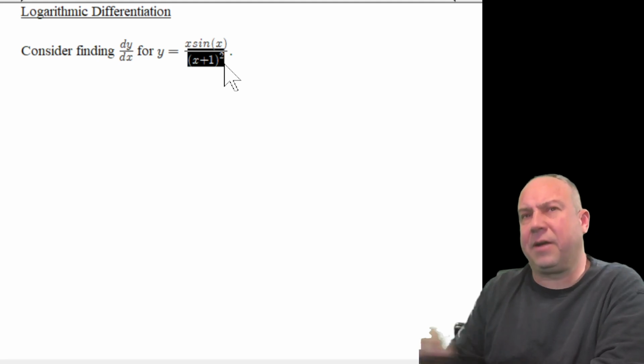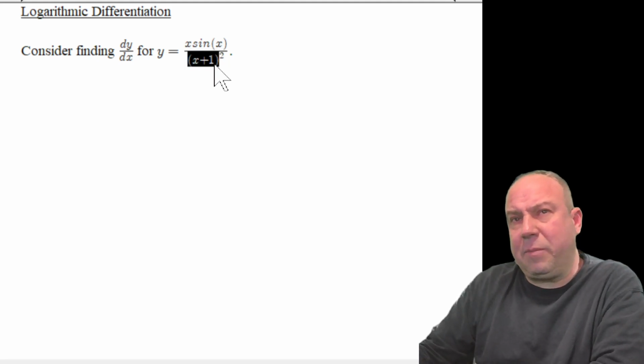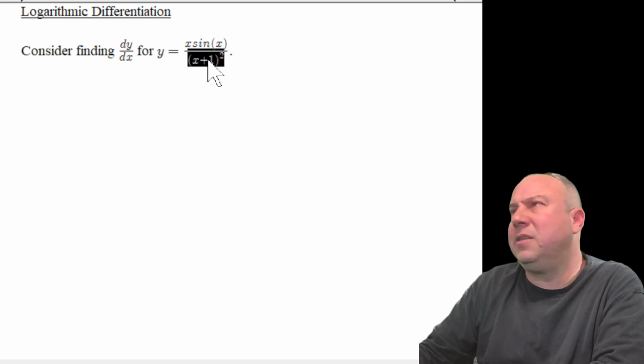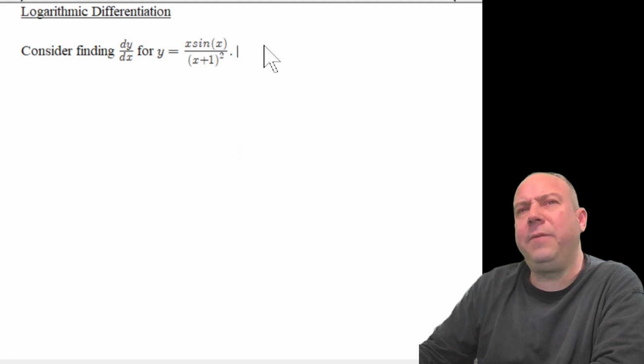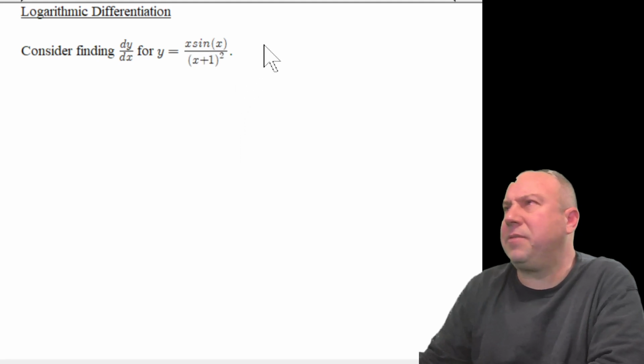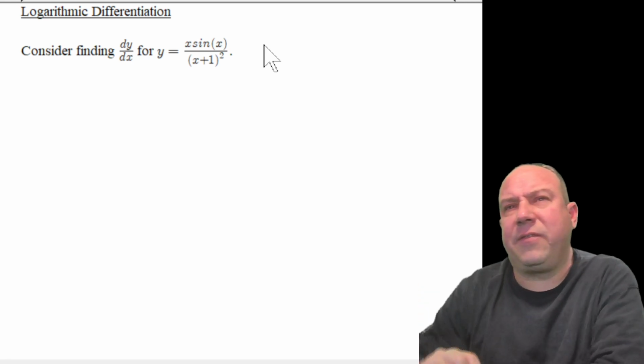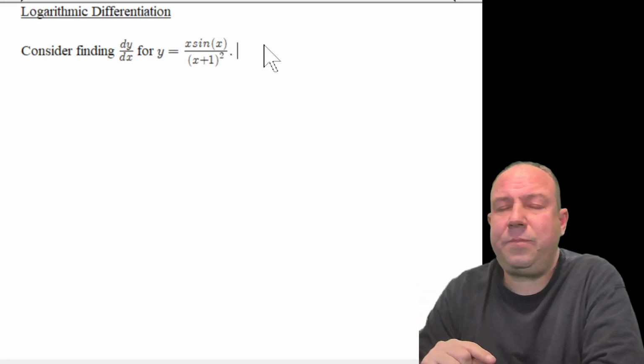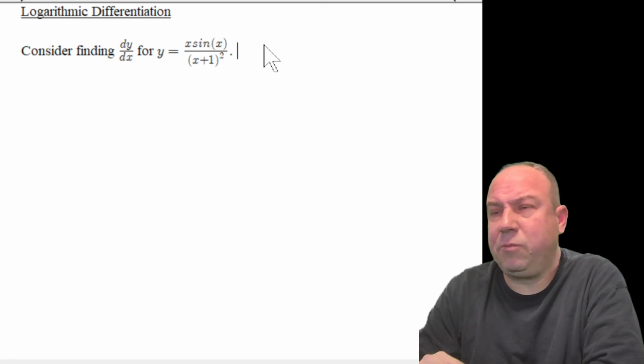And if we don't expand out the x plus 1 squared, we have to approach its derivative with a little bit of chain rule.